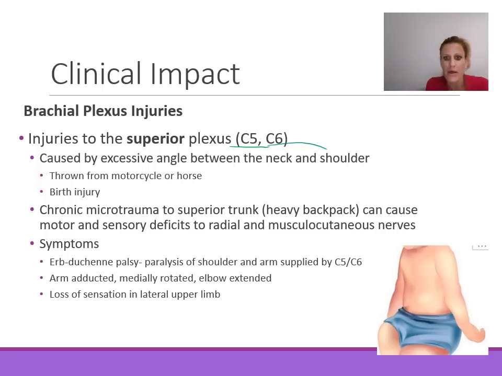This can be caused by a couple different things. It's common when patients are thrown from a motorcycle or a horse. They are flying and moving in a forward motion, and the shoulder hits something, the ground or a tree, and the body keeps moving. So they get pulled or stretched too much in that angle.